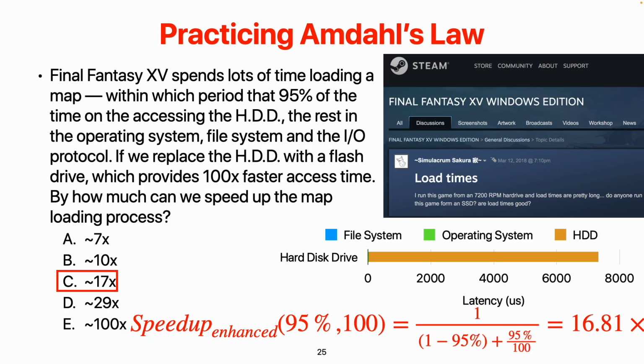But if you are smart enough, you know how to use Amdahl's law, and then you will figure out, although yes, it's indeed 100 times faster than a hard disk drive, it doesn't translate to the whole application. Even though here it sounds like 95% is the majority of time, it only gives you only 17 times speed up, which is far away from the 100 times speed up, right?